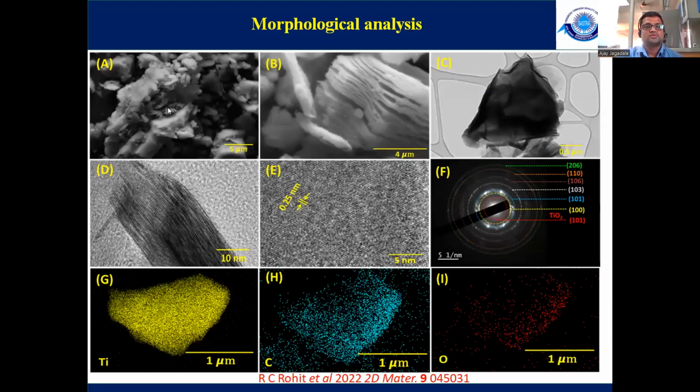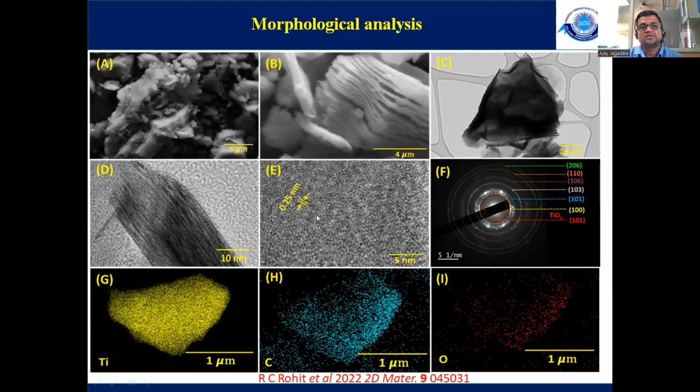Okay, so this is the morphological analysis of MXene. The first image shows the FESEM image of MAX phase, which is normally a bulky and close-packed structure. When the aluminum layer is etched out from the material, it becomes an accordion-like, two-dimensional structure. And this is a high resolution TEM image of MXene nanosheets, at very high magnification, which clearly shows that this MXene is formed of layered structure, and these are layered materials.